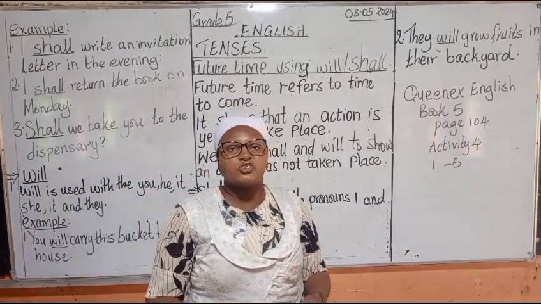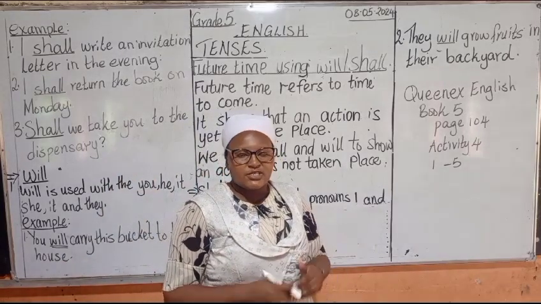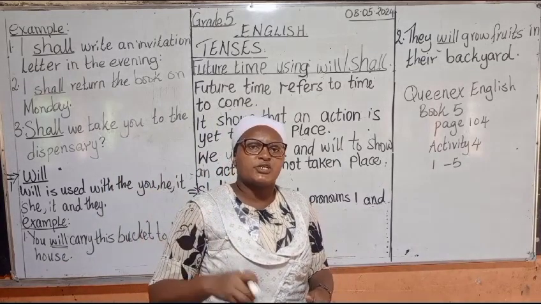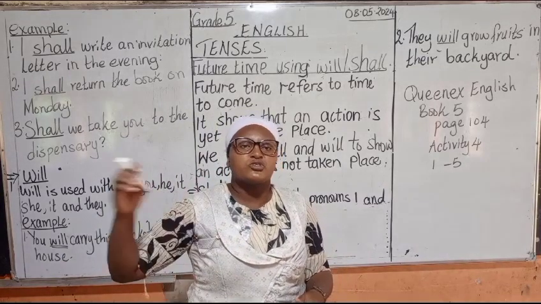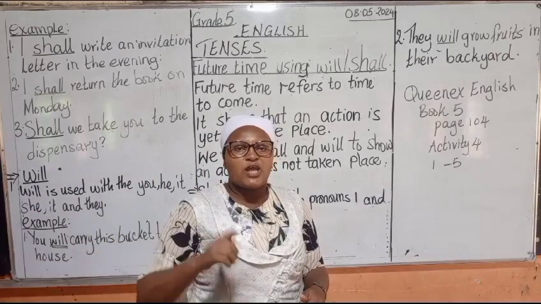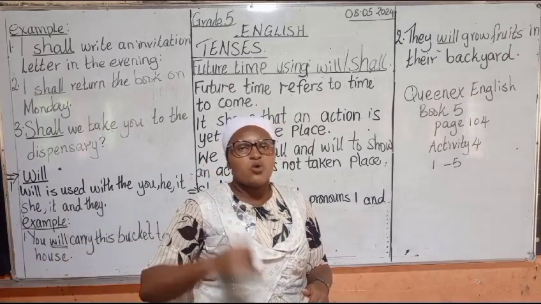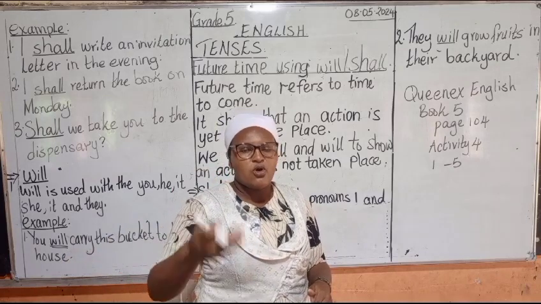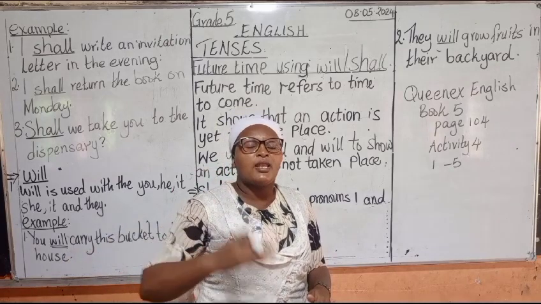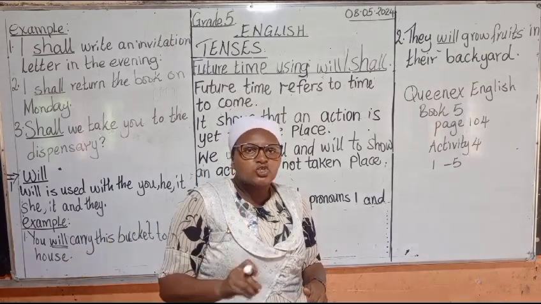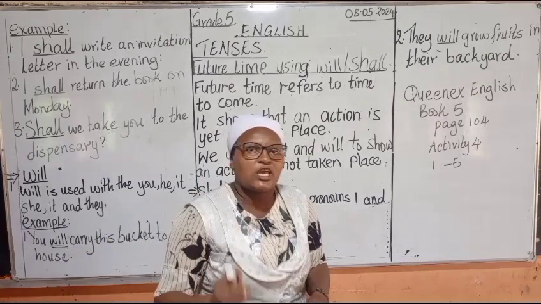Present tense tells us the action is happening now. Past tense tells us an action was done, an action has already taken place. And the future tense tells us about tomorrow, or an action that will happen in time to come. Or rather, it tells us an action has not yet taken place.